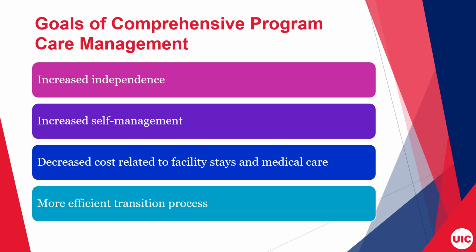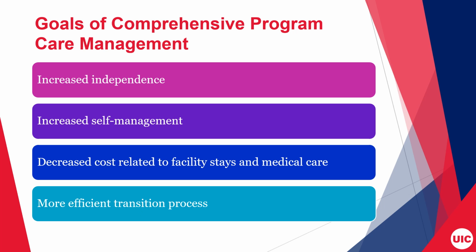Within the Comprehensive Class Member Transition Program, care management has several specific goals. These include increased independence for members, enabling them to engage in more of the activities they enjoy. In addition, members will increase self-management through the support of a care manager.